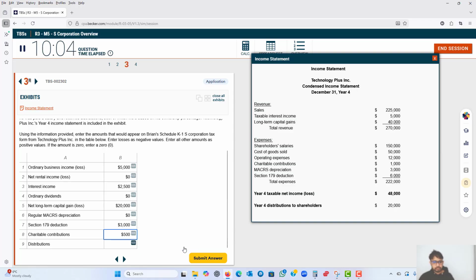And distribution is not taxable, but it always shows in the shareholder's Schedule K-1.